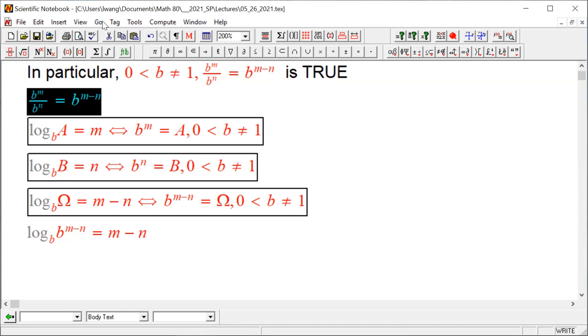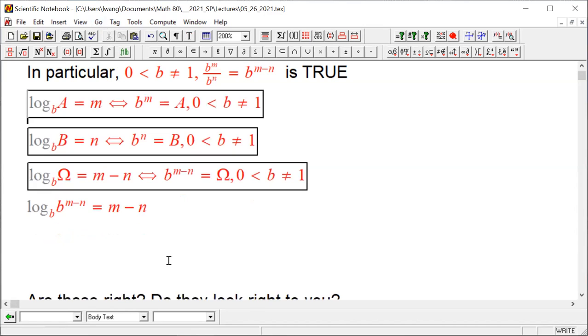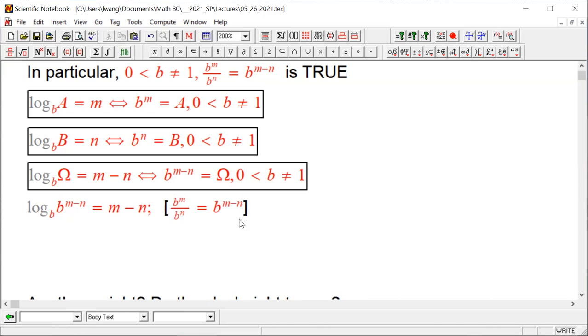From here, I also know that I'm going to substitute b to the power m minus n with b to the power m over b to the power n. So over here, I'm going to do another substitution. And this piece will be substituted by its equal, which is this guy.